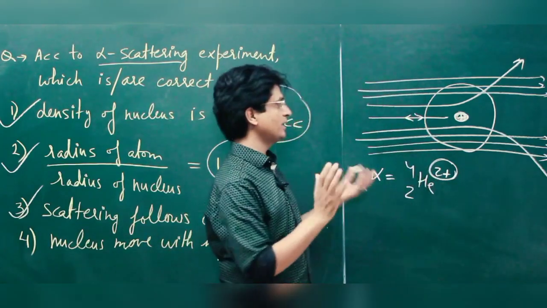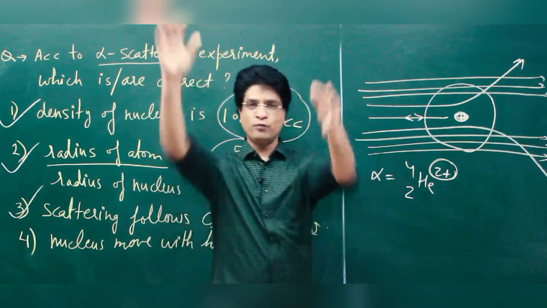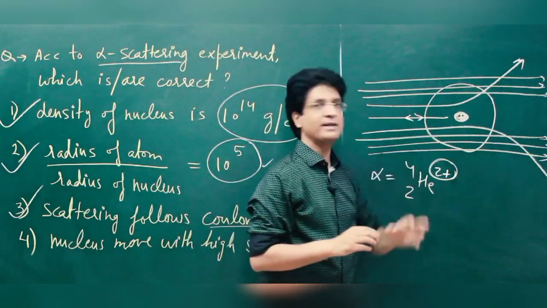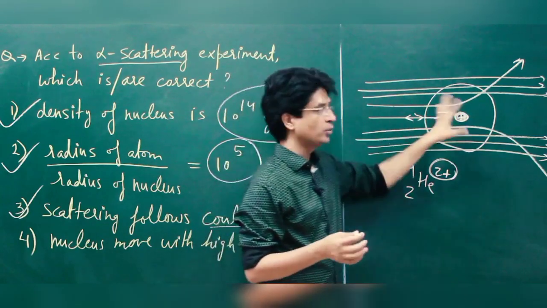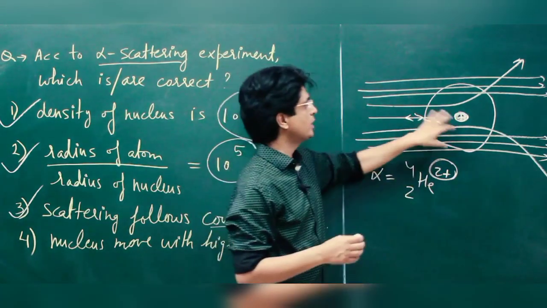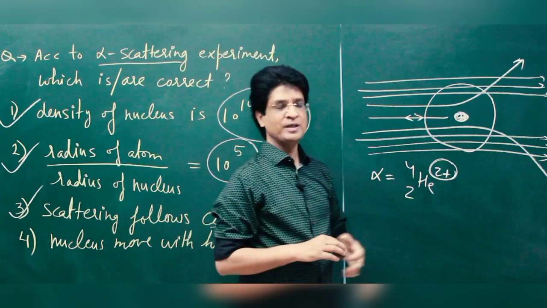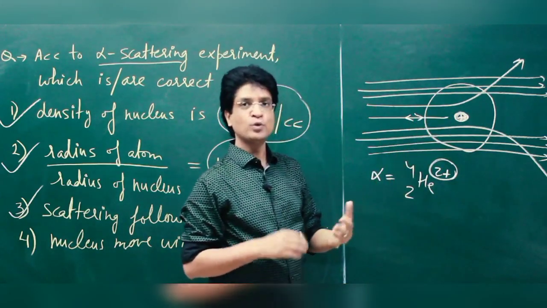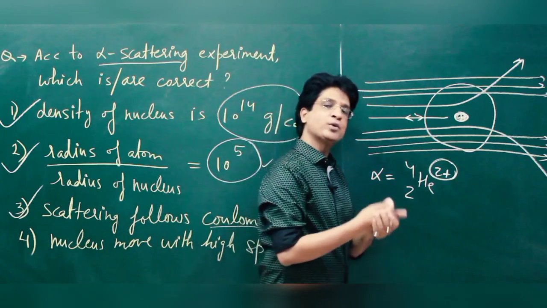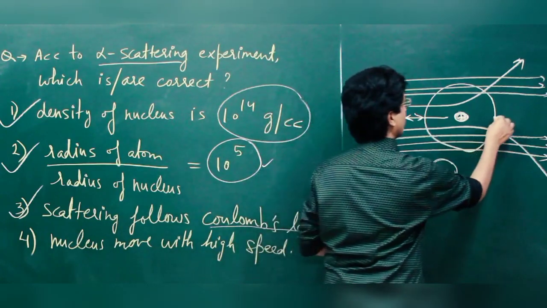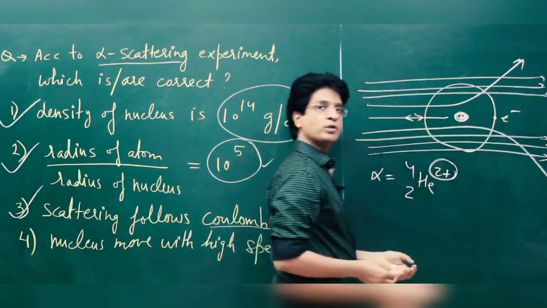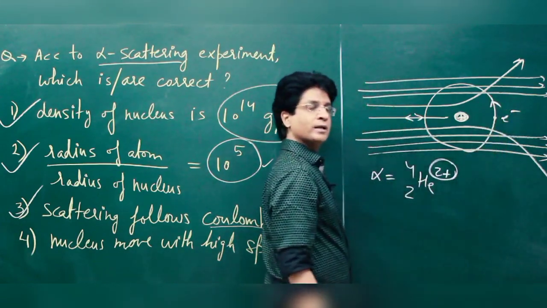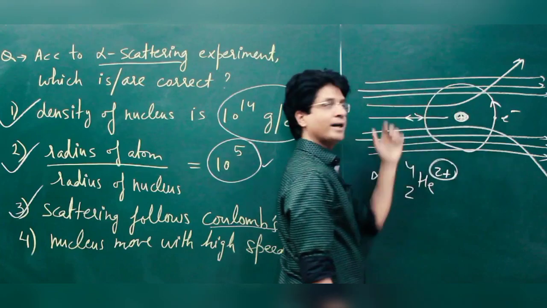Now, there was nothing conclusive which Rutherford could find from this experiment that nucleus moves at very high speed. He couldn't conclude that. There was no evidence that nucleus is moving at high speed. He was only able to conclude that if he wanted his model to be stable, the only way he could save his model by putting electron outside was that he said that electrons should be moving, just like the planets are moving around the sun.